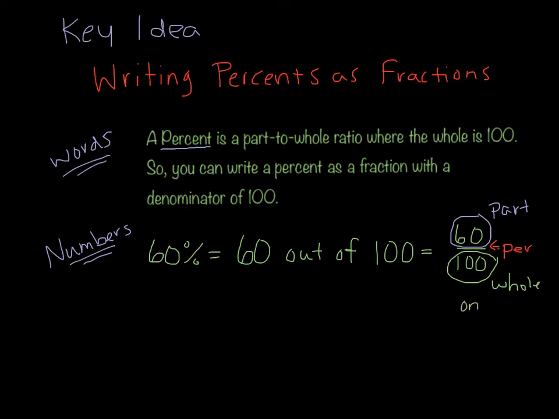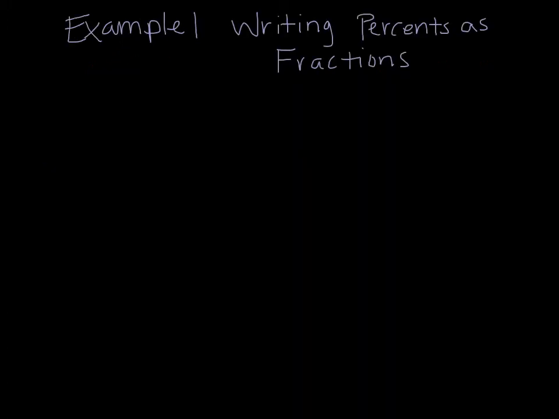We would just do as words 100, that would always be the bottom number. So my part being 60 per 100, being my whole. When we look at the algebra for it, it would just be n percent, so n could mean anything, equals n over 100.